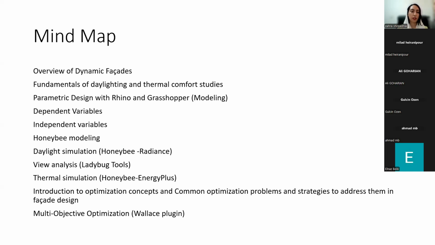Then we are going to have an introduction to optimization concepts and common optimization problems and strategies to address them in facade design, and we have multi-objective optimization with the Velocity plugin.